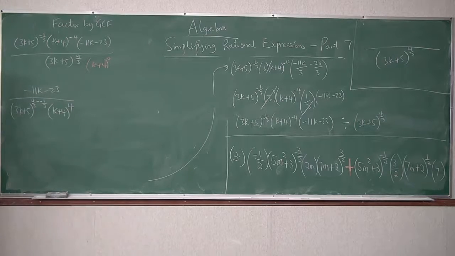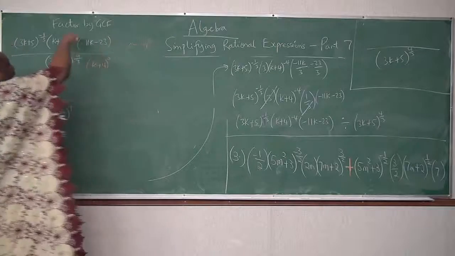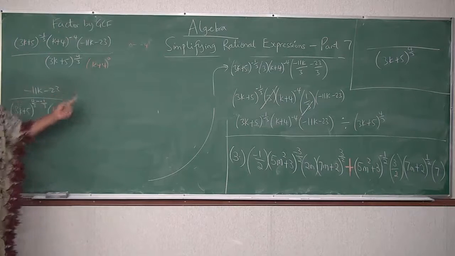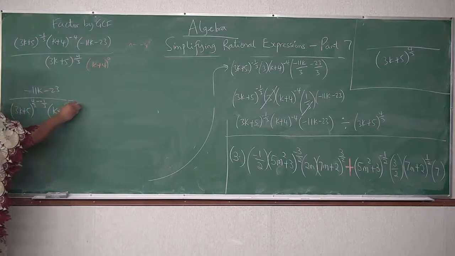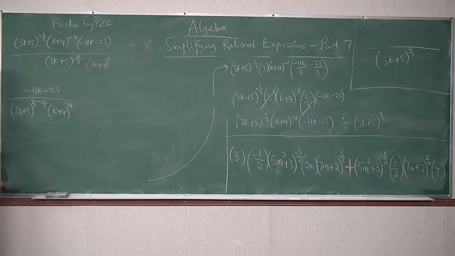So 0 minus 4 is negative 4, and if I bring it down, it becomes 4. Anything exponent 0 is 1. So if you bring it down, just like if you take it up, it will change sign.